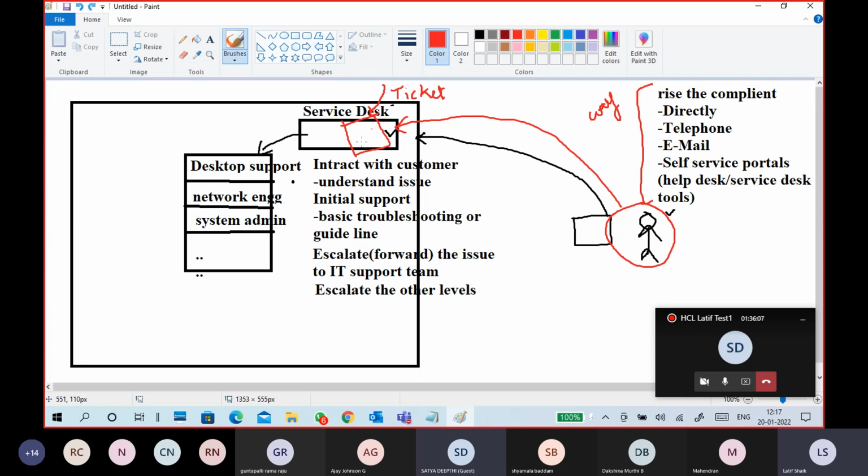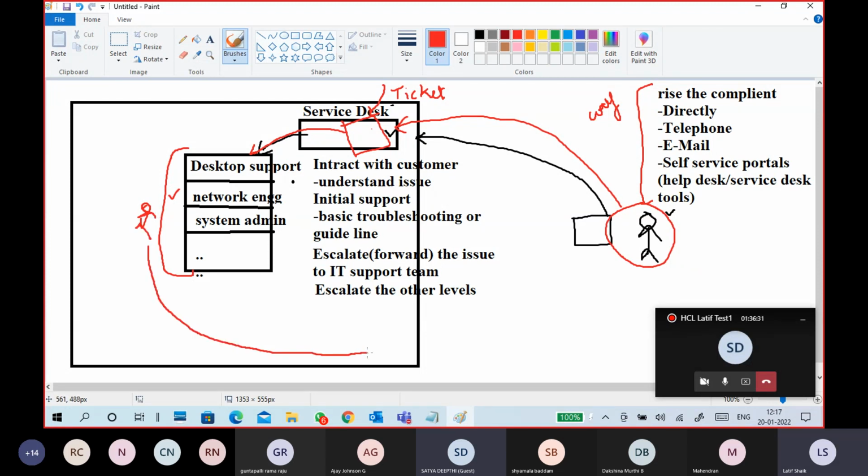Okay. And the solution and which team you are sending it to, the entire information is stored in the service desk only. This ticket will be forwarded to the appropriate team. Whenever the proper team gets it, they will try to solve the problem from their end.